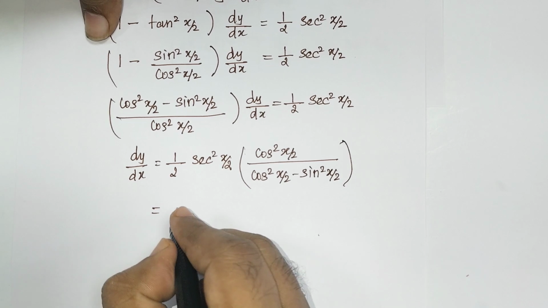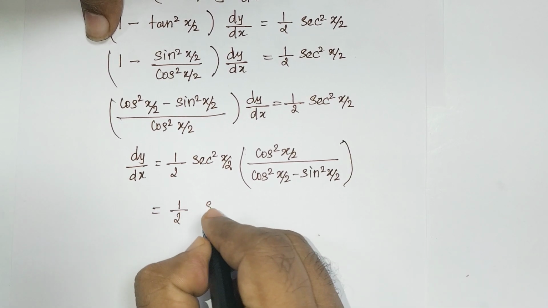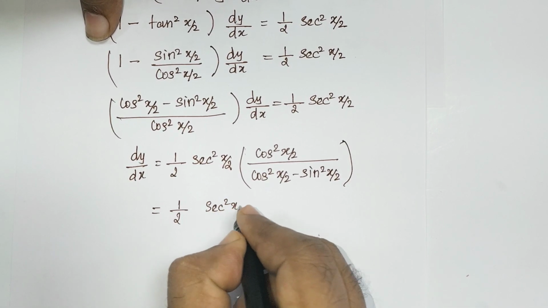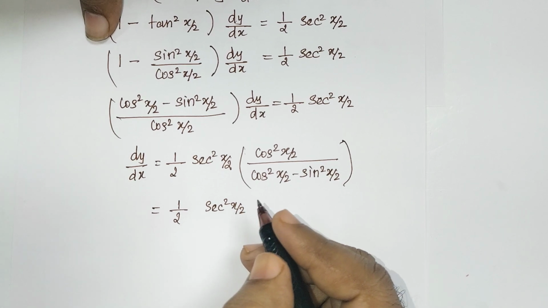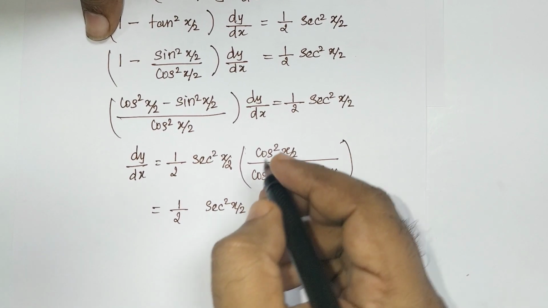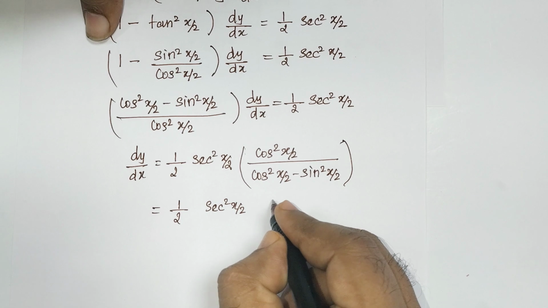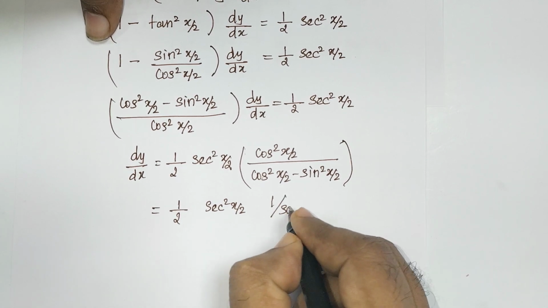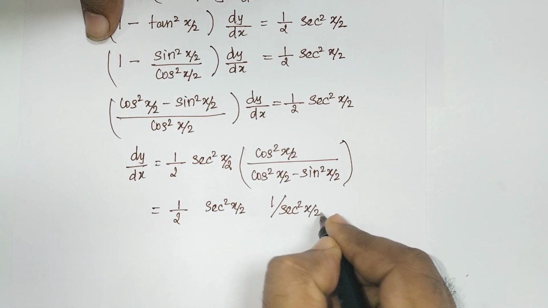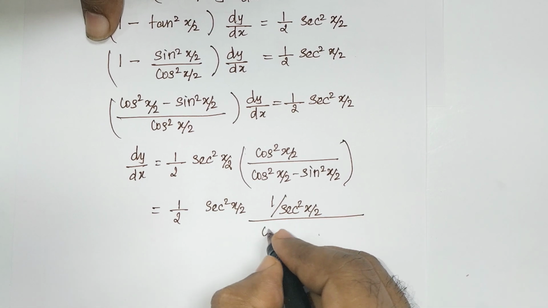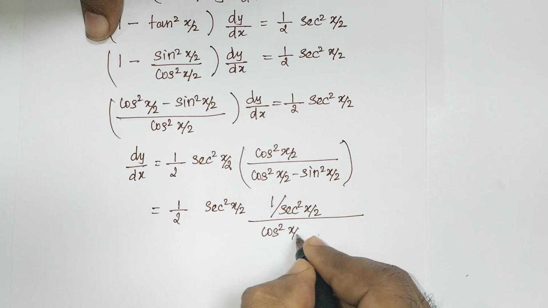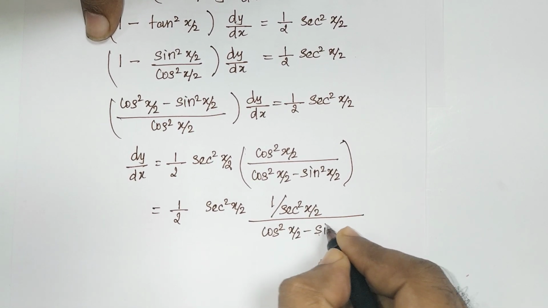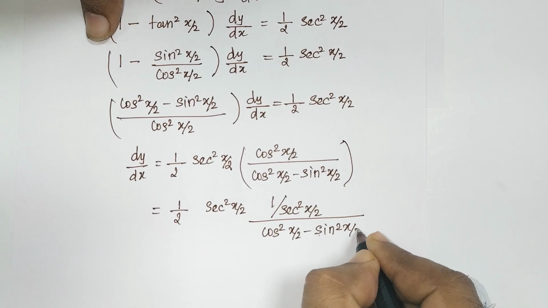So 1 by 2 secant square x by 2, cos square x by 2 reciprocal is 1 divided by secant square x by 2, divided by cos square x by 2 minus sin square x by 2.